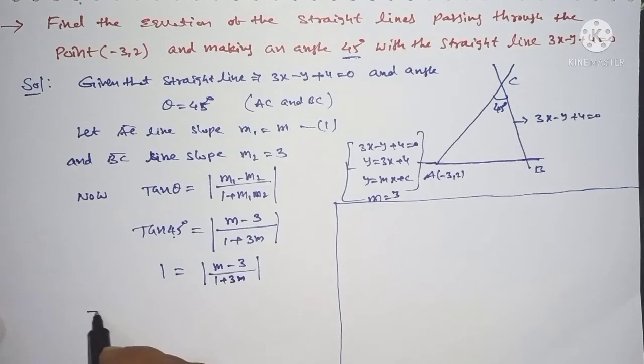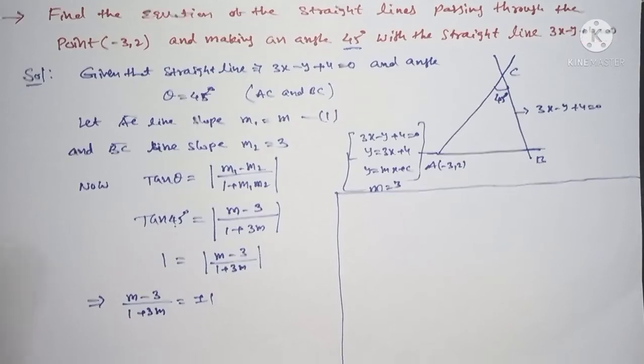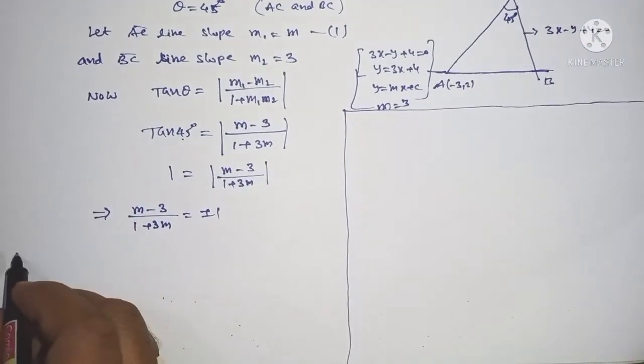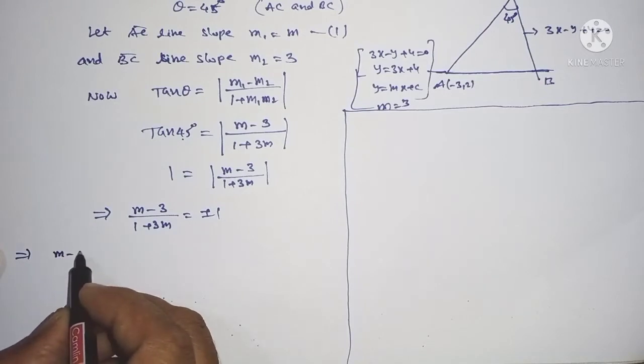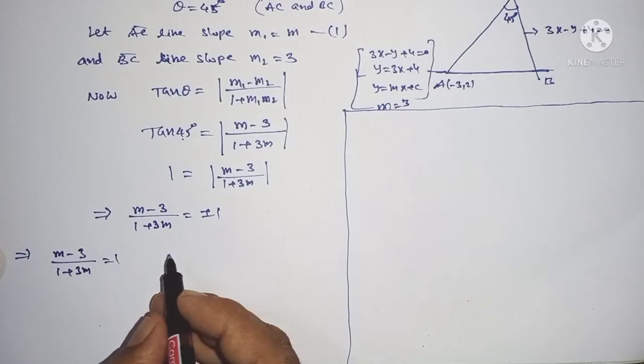or I can write here m minus 3 by 1 plus 3m is equal to plus or minus 1. Remove the mod, you get the plus or minus values. Therefore you can take here plus 1 on one side, and similarly you can take minus 1 also. You can observe the m values here. m minus 3 by 1 plus 3m is equal to 1.